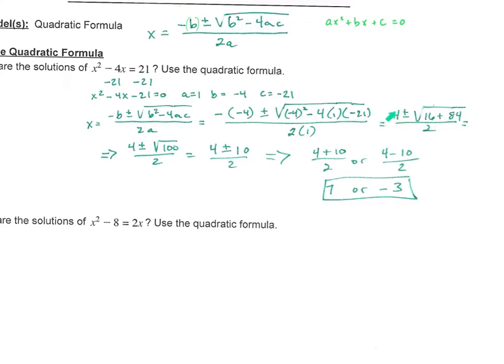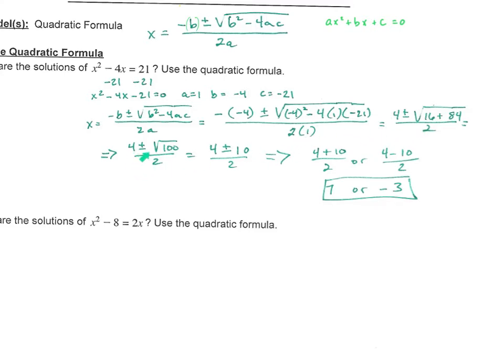Minus negative 4 becomes a positive 4. Inside my radical, I have negative 4 squared, which becomes 16, and minus 4 times 1 times negative 21, which becomes 84. All of that over 2 times 1, which is 2.